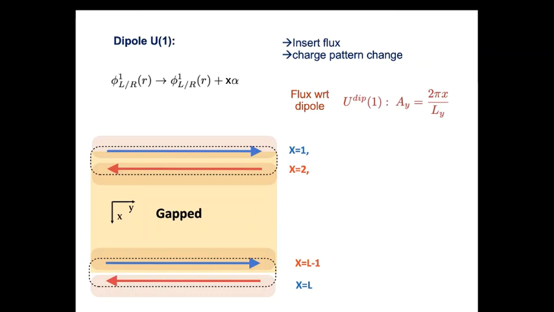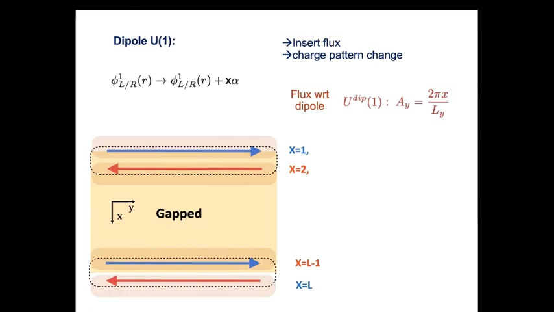If we have dipole moment conservation, the boson field would be invariant under such a phase shift. And for this dipole U1 symmetry, we can also create a flux with respect to it.